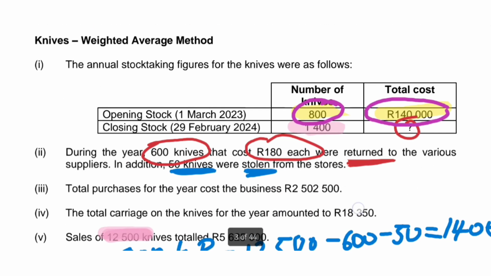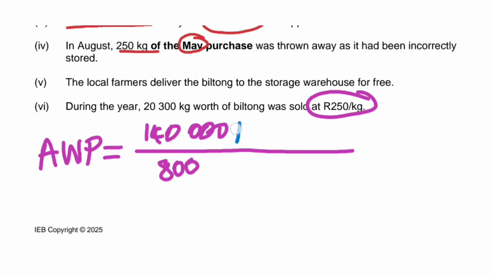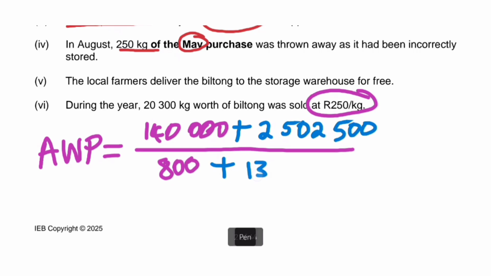We also know that we made purchases during the year. These are our purchases. We purchased a total of 13,750, and the total cost of our purchases is 250,500. So we'll input that in. So we have plus 250,500, and that is for 13,750 knives.